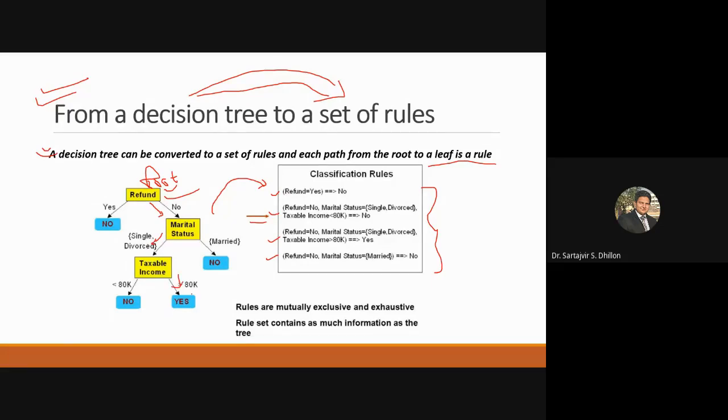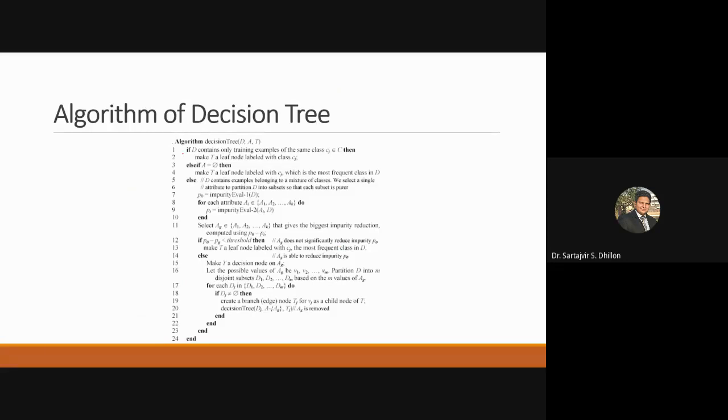We can easily do it with the help of classification rules. Here we have to put: what is the taxable income, is it less than 80,000 or greater than 80,000? And this is the algorithm.